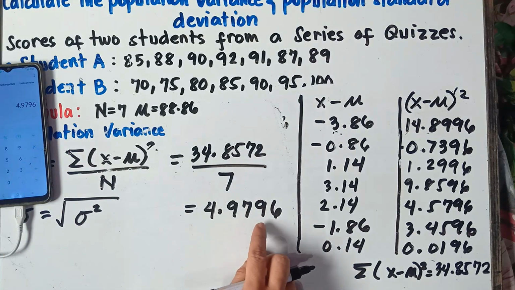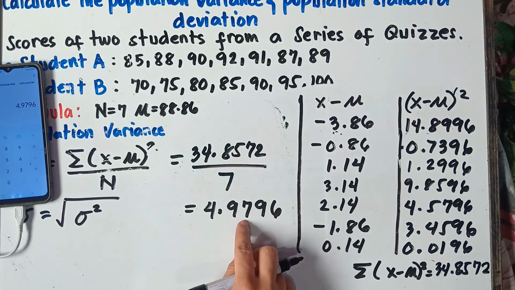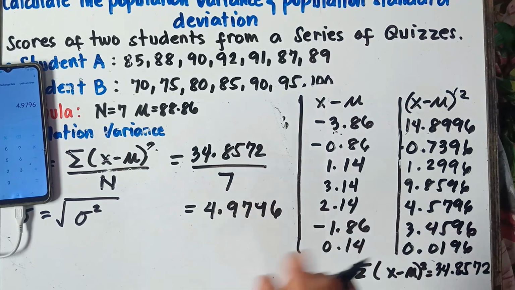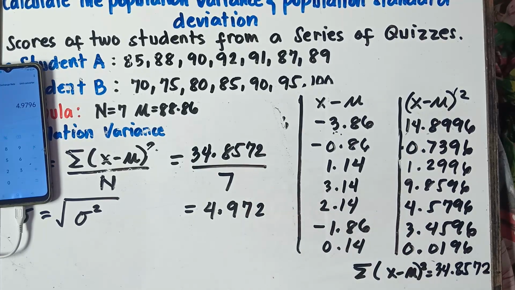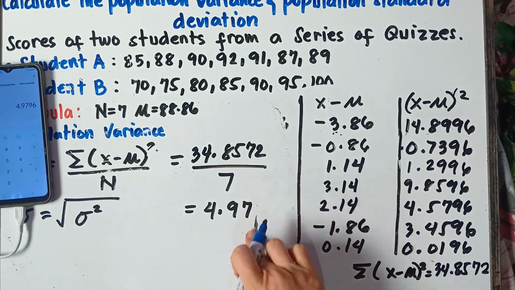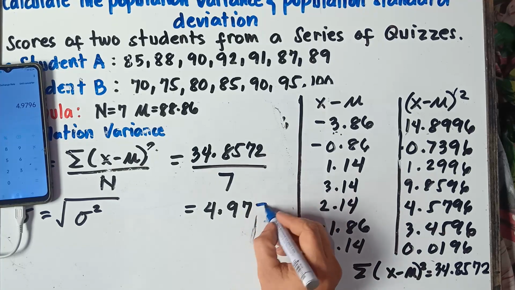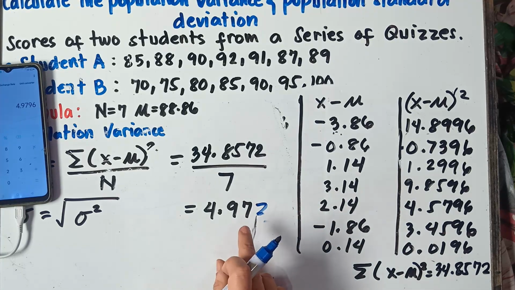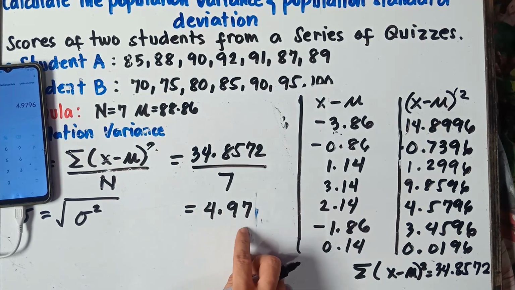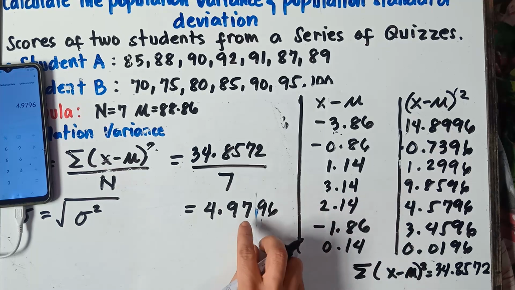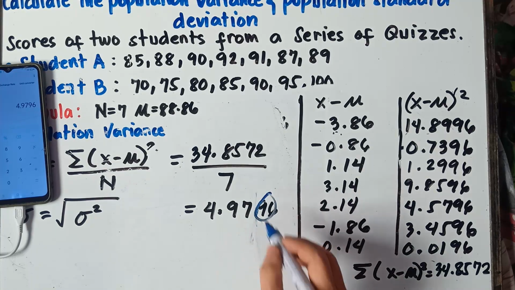So we can round up our answer, because this is our final answer for the population variance. After the 7, that would be 9, so we can round up. If this were 2, just as an example, after the 7 that would be 2, below 5, so we would simply copy 7. Now since this is 9, in 4.9796, after 7 that would be 9, so we need to round up.